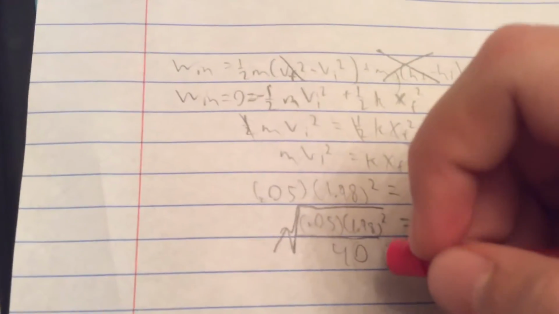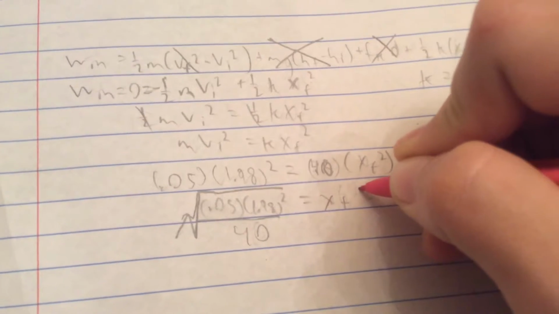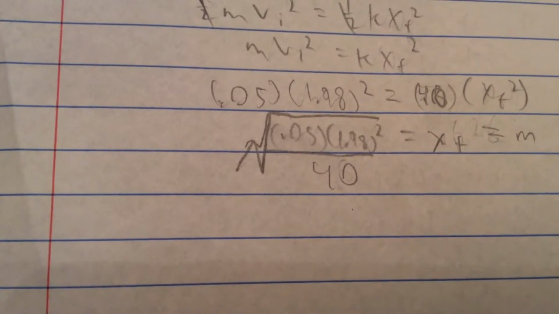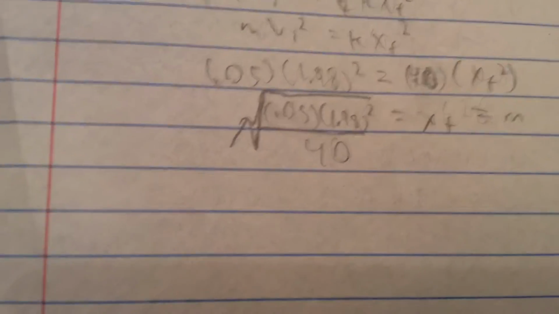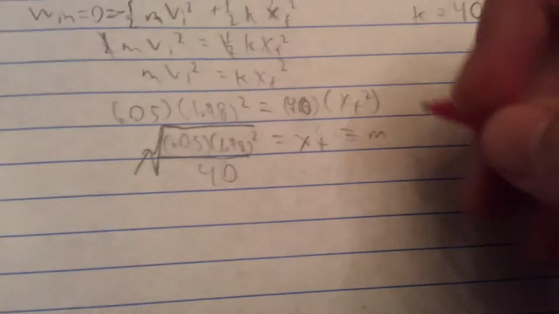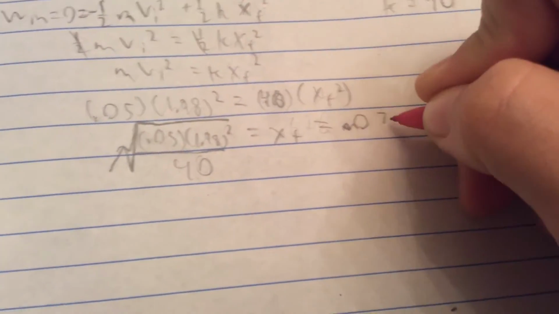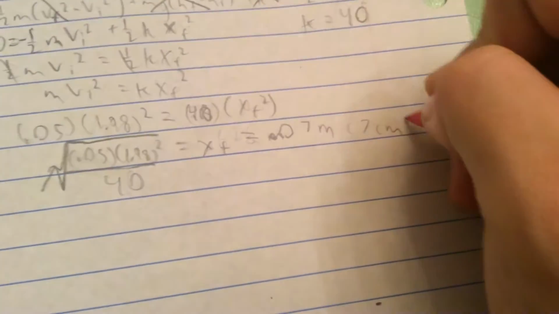So now we can plug it into this equation for x_f, which would be equivalent to the square root of 0.05 times 1.98 squared over 40. And that would come out to be 0.07 meters, or about 7 centimeters.